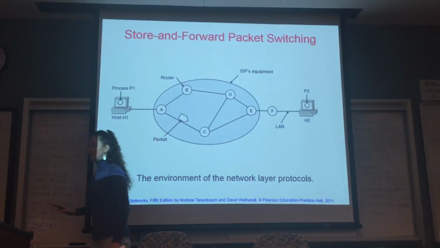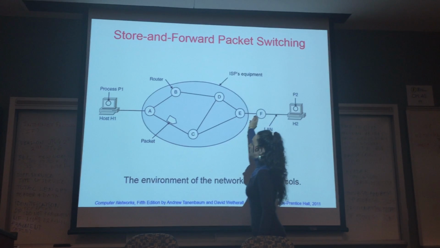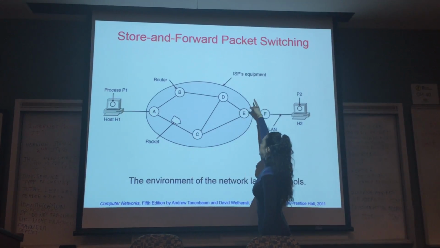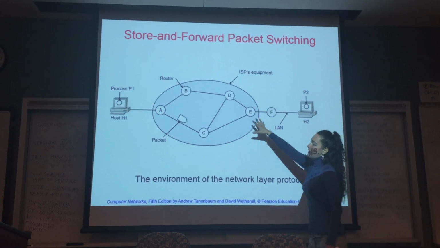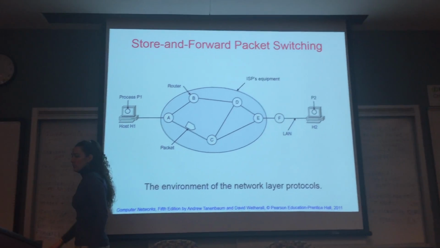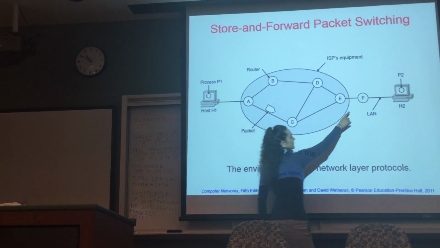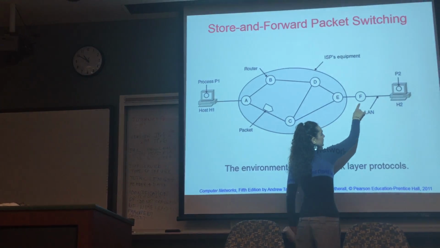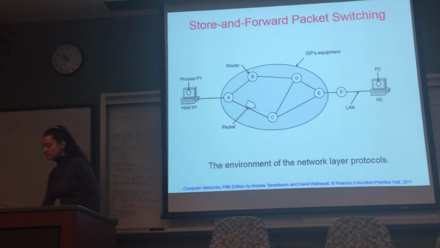So in this case, we have two home machines and a network in between. What is in the oval is the internet service provider's equipment. So these routers and the links that connect them are owned by the internet service provider. This router is a private router for this guy's local area network. It's not part of the internet service provider's.